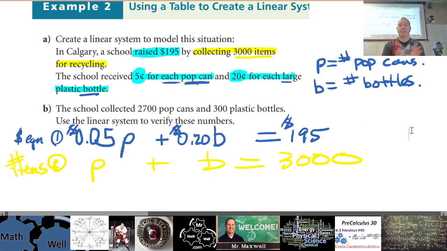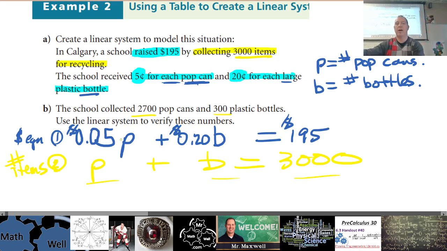Now the school received 2,700 pop cans and 300 plastic bottles. Use the linear system to verify these numbers. So 2,700p and 300b. Okay, let's see, does that equal 3,000? 2,700 plus 300, that equals 3,000. Okay, and then we could do some quick math on a calculator.